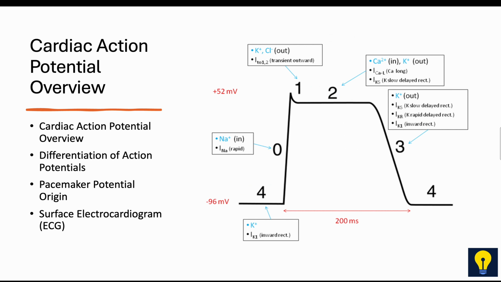So what's the difference between an action potential and a cardiac action potential? In simple terms, an action potential refers to a brief electrical event that happens in various types of cells, as we've discussed before, in the beta cells of the pancreas, in neurons, in muscle cells, which allows them to communicate and contract. Whereas a cardiac action potential specifically happens only in the cells of the heart, as the name says.